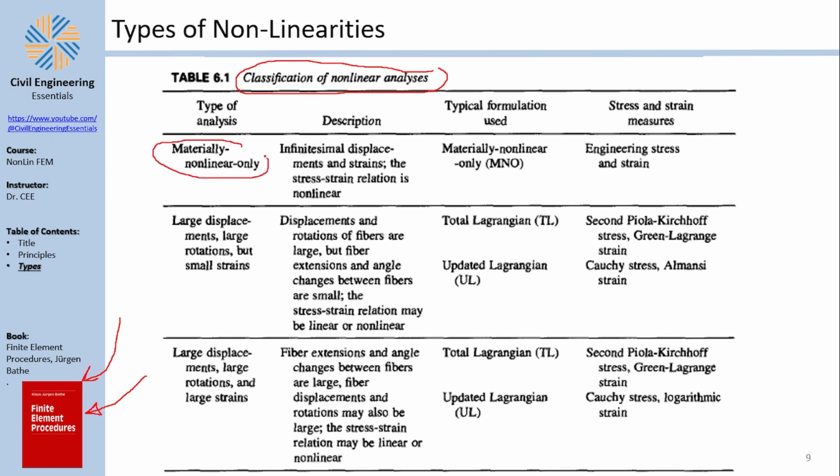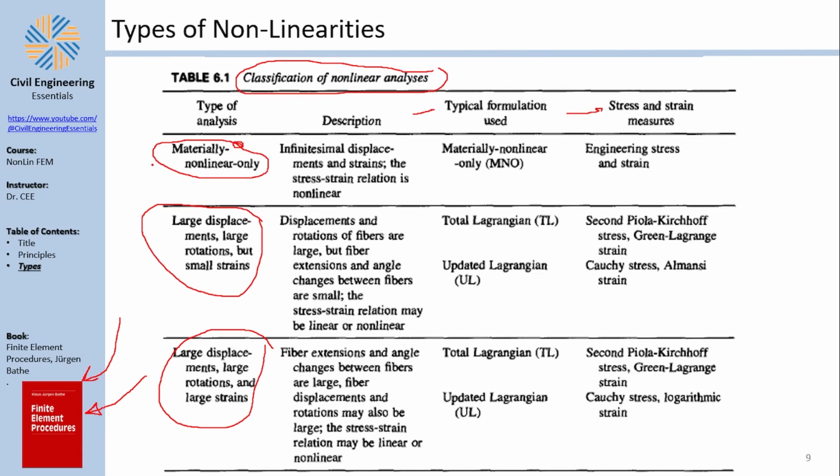Material nonlinearity only is the easiest nonlinearity you will be faced with. And there is the description, typical formulation, and stress-strain measurements. You also have large displacements but small strain, and you have large displacements and large strains. Those are kind of gibberish, but I will explain them to you later.